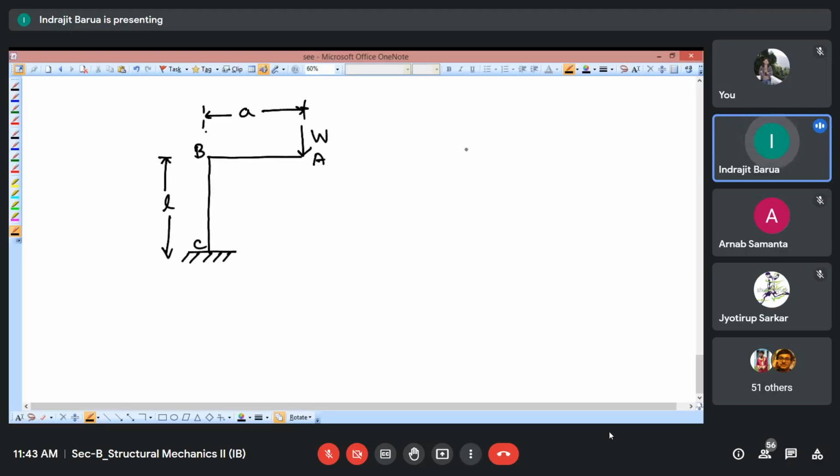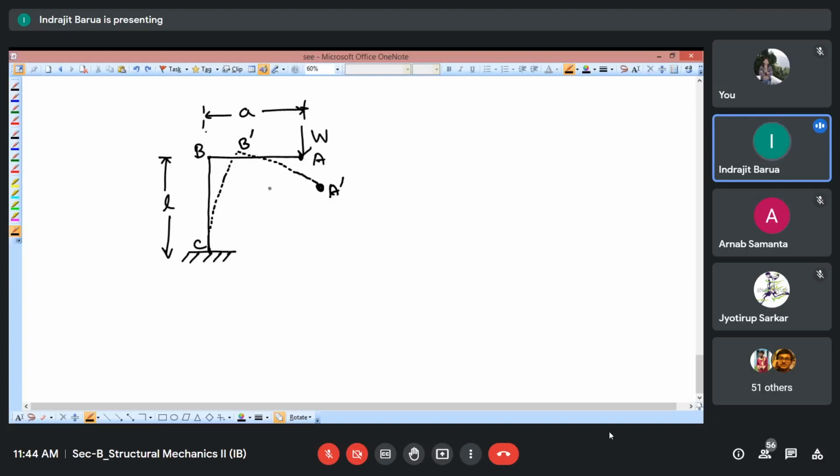Now I need to find the strain energy, and interestingly, we know how it will be bending. Here the joint is fixed, and here also it is a fixed joint, so I'll actually get the deflection like that. The point A will move to A dash, B will move to B dash, and C will be constant because it is fixed.